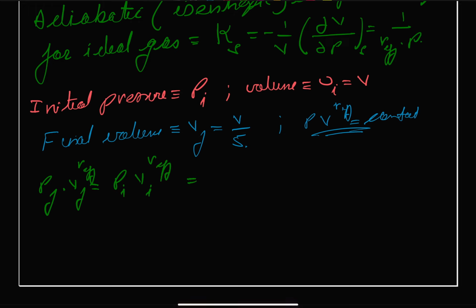So from here we can say our P final is equal to P initial, and we have this as the ratio of our volume raised to power gamma effective, and this ratio is over 5. So this comes as P final is equal to P initial times 5 raised to power gamma effective.